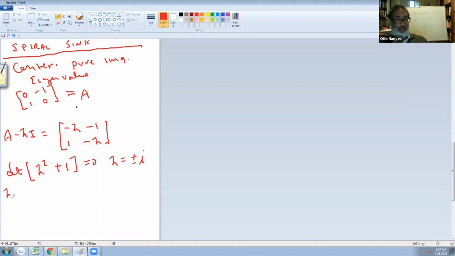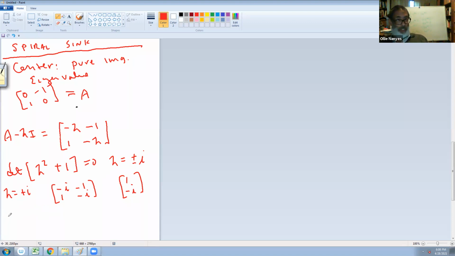So use lambda equal to plus i. What I get is minus i, negative 1, 1, minus i. And an eigenvector here would be 1, and let's see, if I put an i here, that'd be a negative i, so I better put a negative i, like so. Negative i times the negative 1 is a positive i, and that works, right?